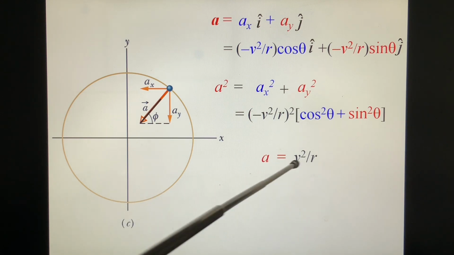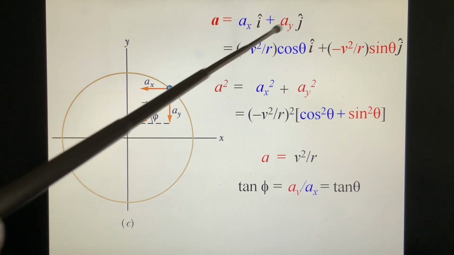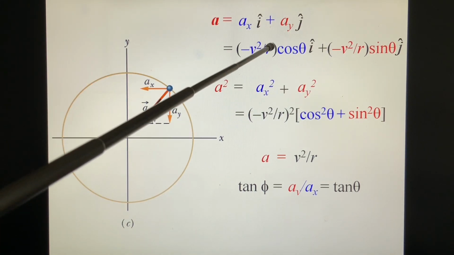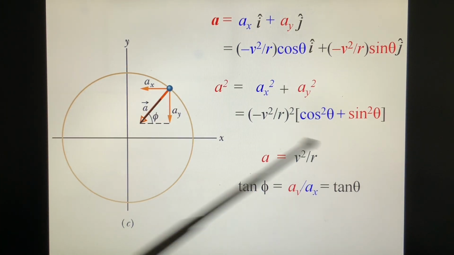This is the magnitude of the acceleration. This is the centripetal acceleration we are familiar with from one dimension, right? Now I've proved it. How about direction? This is phi. Tangent phi equals ay over ax. We cancel out v squared over r and get sine theta over cosine theta, which is tangent theta.